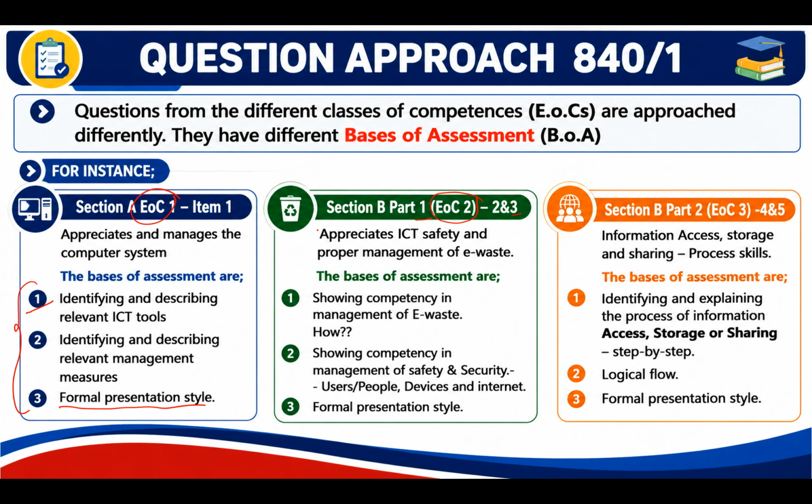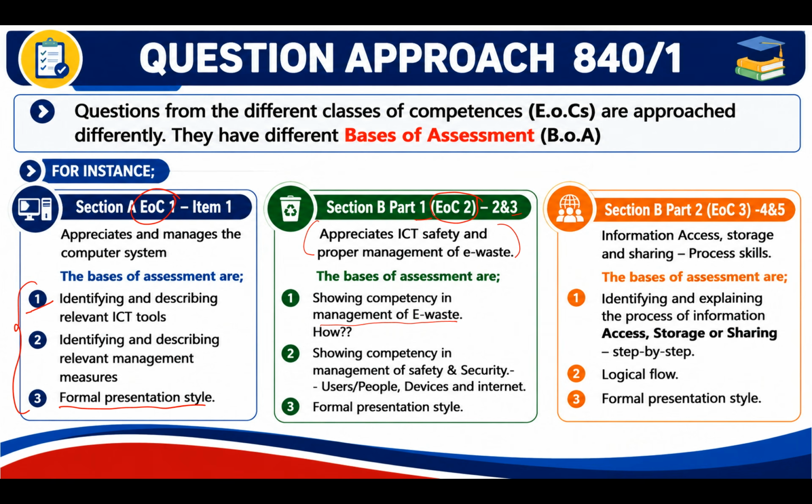This construct appreciates ICT safety and proper management of e-waste. The basis of assessment here is that the learner should show competence in management of e-waste and should show how this e-waste can be managed properly.